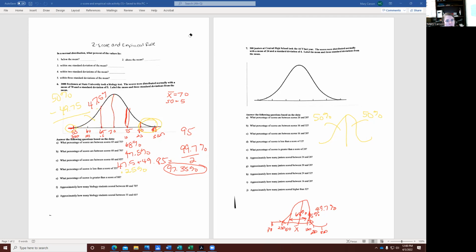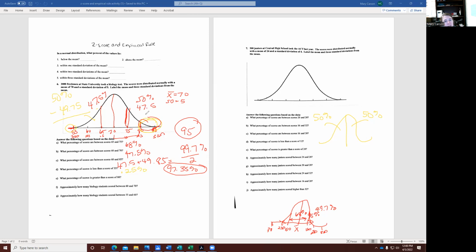Now the percentage of scores greater than 80. We want this part right here, and that goes to 2 standard deviations. Remember, 50% of it is this half. 2 standard deviations is 95%, and we want half of that, so 95 divided by 2 is 47.5.